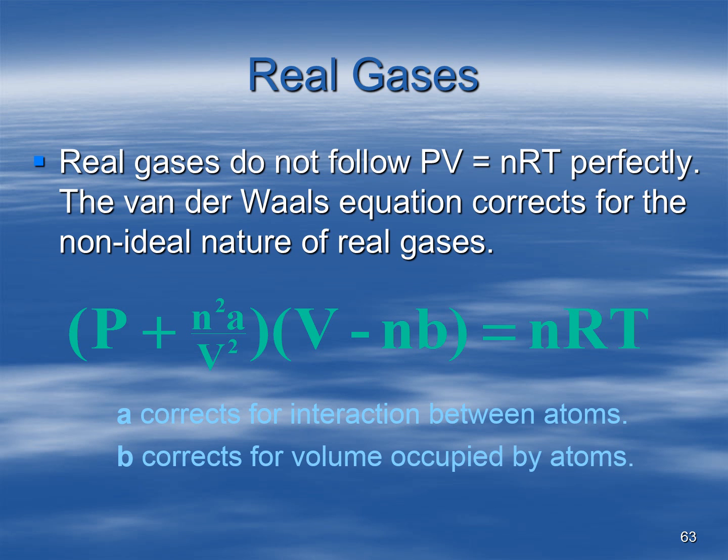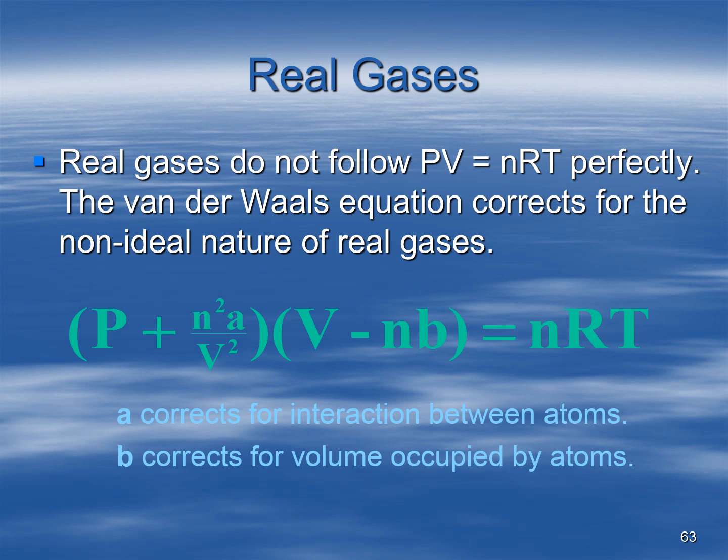And then little b is also a constant that you can look up that corrects for volume. Again, we assumed that the volume taken up by the specific atoms was negligible compared to the total volume. Well, it depends on what volumes you're talking about.